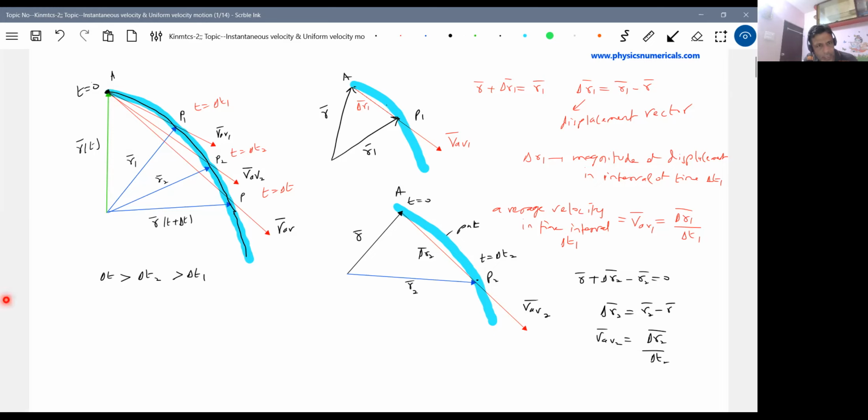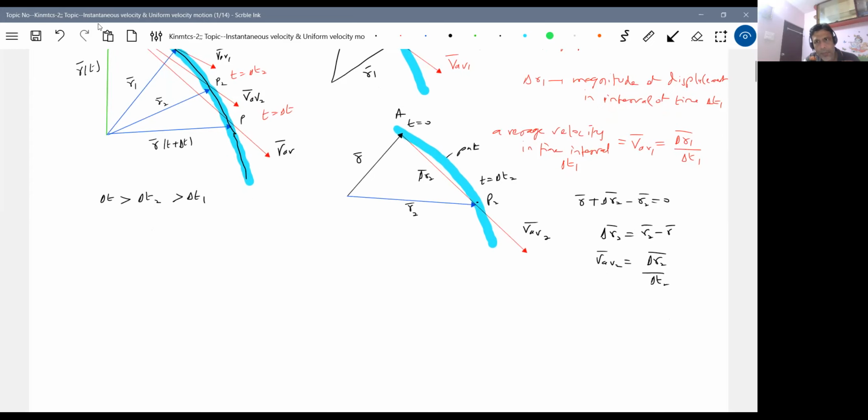Okay, fine. So here I'm going to bring the one best diagram to explain this concept. Earlier, this was the position vector. The position, this was a green color we took, no?